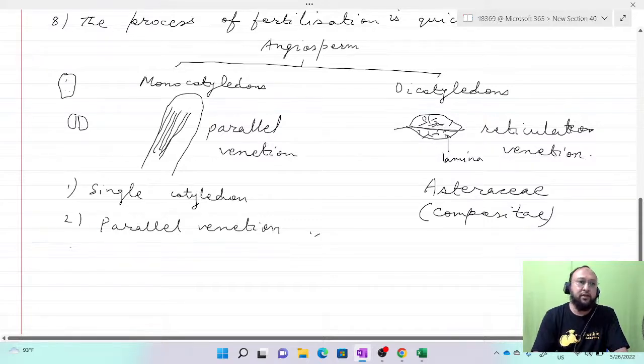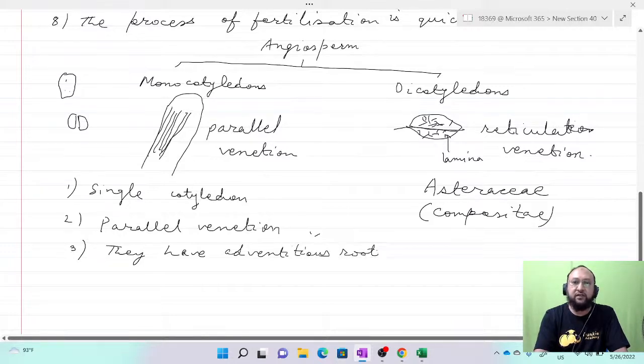Number three will be adventitious roots. They have adventitious roots.